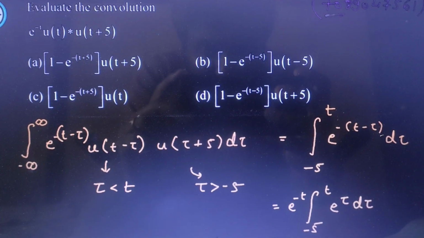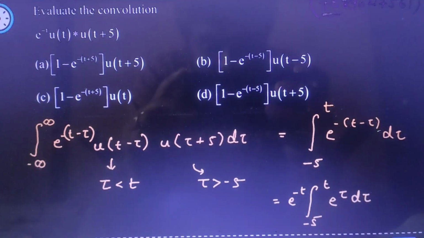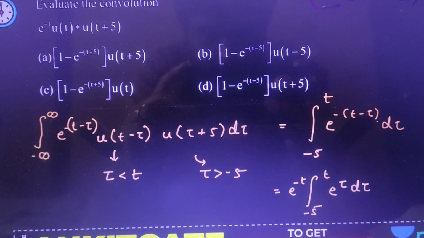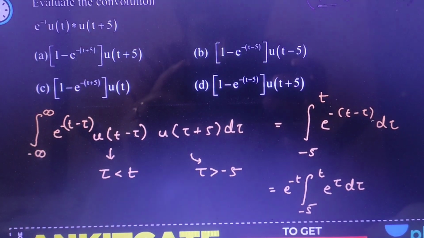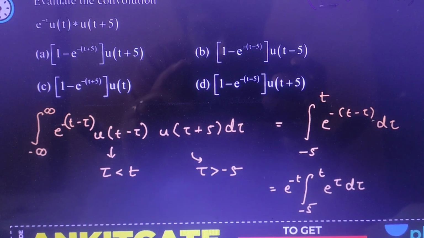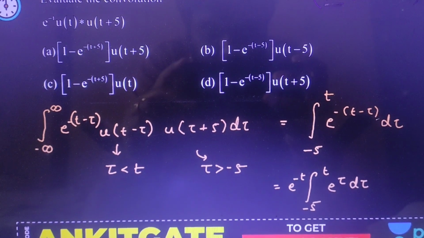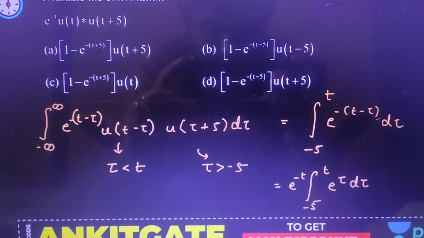He is asking about the convolution of e power minus t u of t with u of t plus 5. You can write the integration from minus infinity to plus infinity of e power minus of t minus tau, u of t minus tau, u of tau plus 5, d tau.